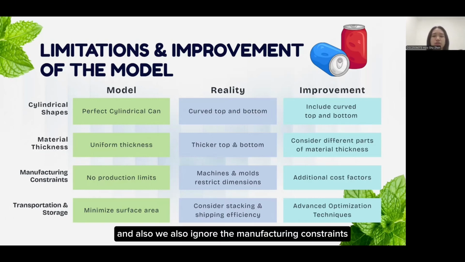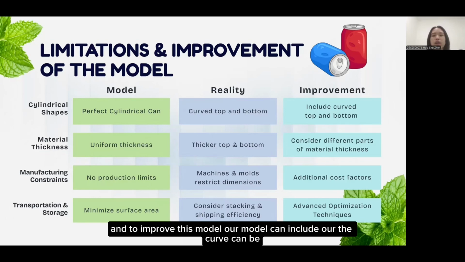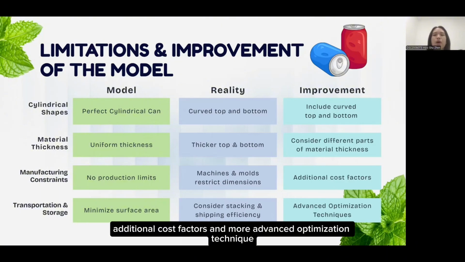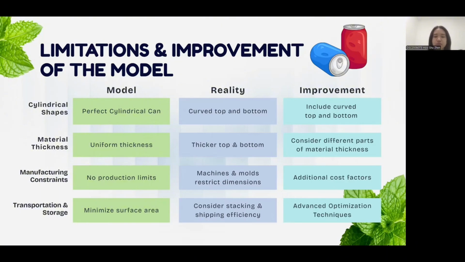We also ignore manufacturing constraints, such as machine and mold limitations, as well as transportation and storage considerations. To improve this model, it can include curved can shapes and different material thickness, additional cost factors, and more advanced optimization techniques.